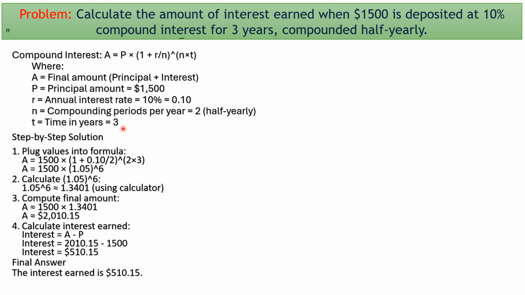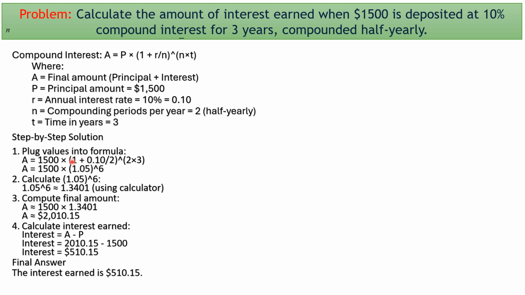So let us solve this question step by step. First we have to remember the formula. The formula is to find out the A, that is the final amount. The final amount is going to tell you the principal plus interest amount. So A is equal to P into (1 plus R by N) power of N into T. So we are going to use this formula and plug in the values given in the question.